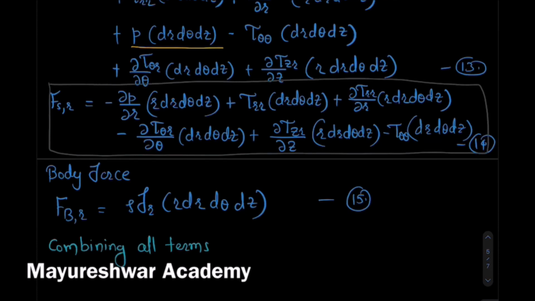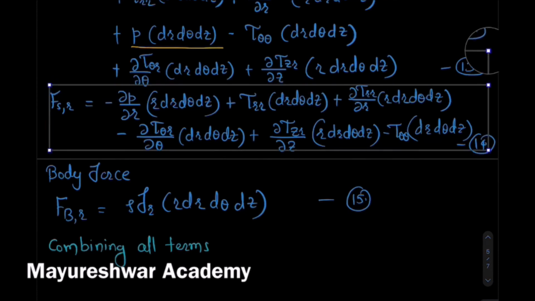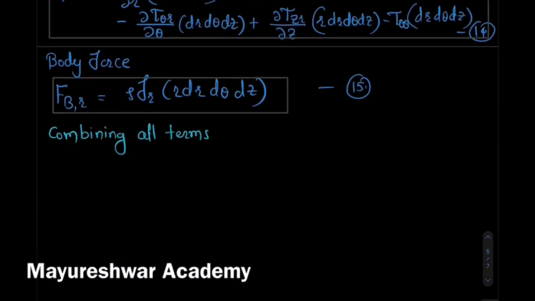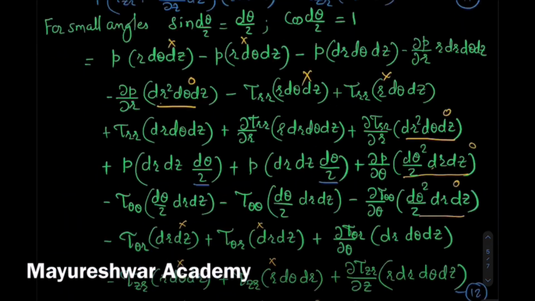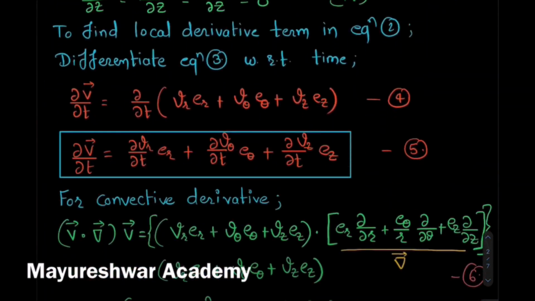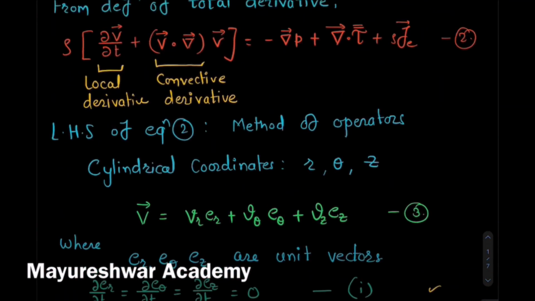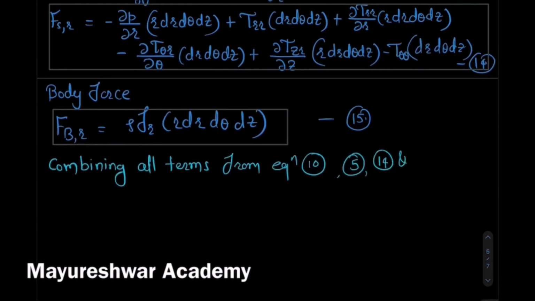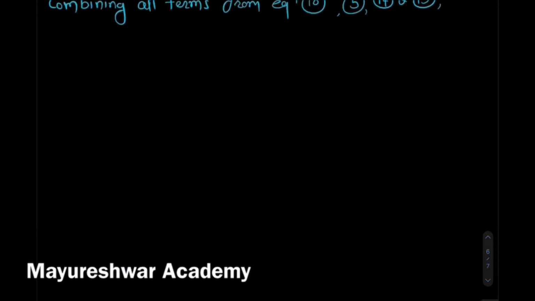Then we are going to consider this equation which is surface force along r direction along with body force, and in addition to that a local and convective term. So from equation 10, then we have equation number 5 which is for the local derivative dv dt, and then equation number 14 and 15.